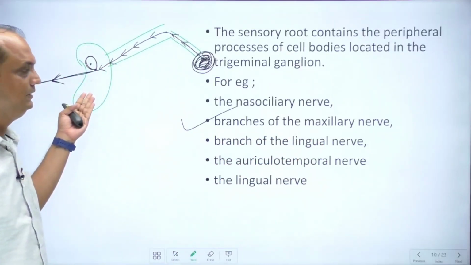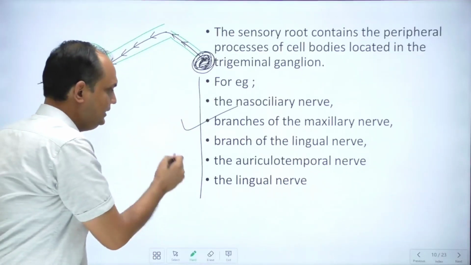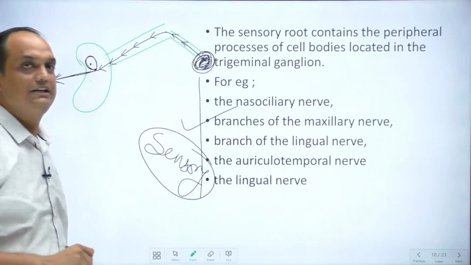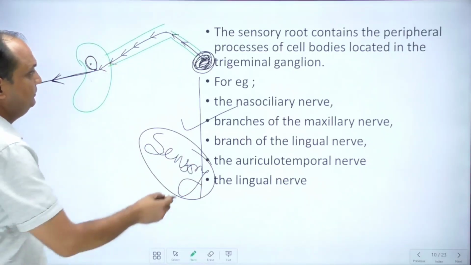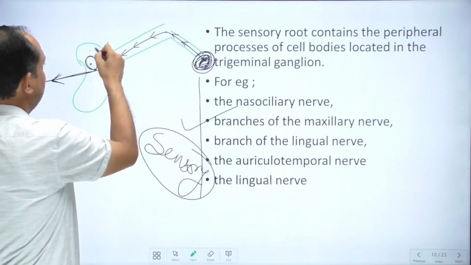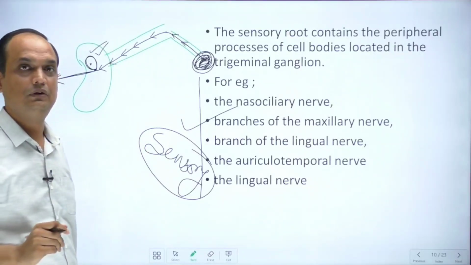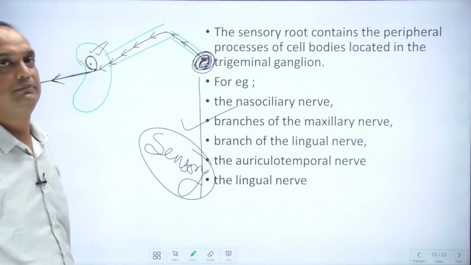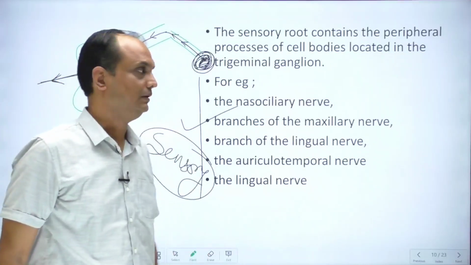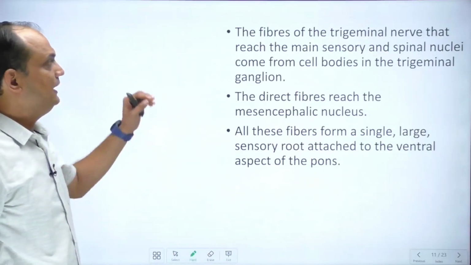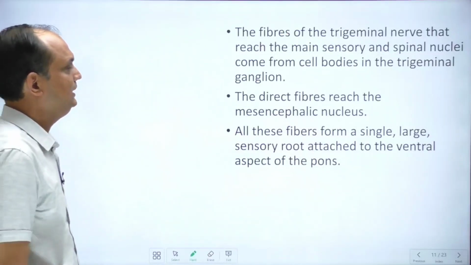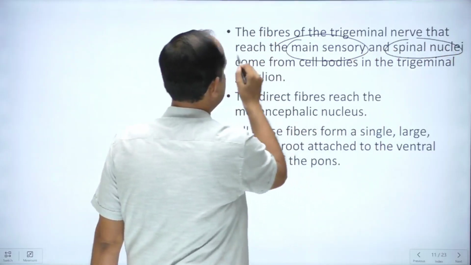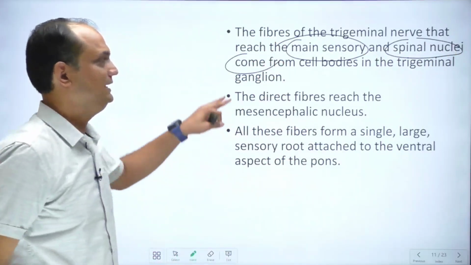Again in the trigeminal ganglia. So any sensory nerve which is a direct or indirect branch of the trigeminal nerve has its first order neuron in the trigeminal ganglia, except the fibers responsible for proprioception. Clear? The fibers of the trigeminal nerve that reach the main sensory and spinal nucleus come from the cell bodies in the trigeminal ganglia.